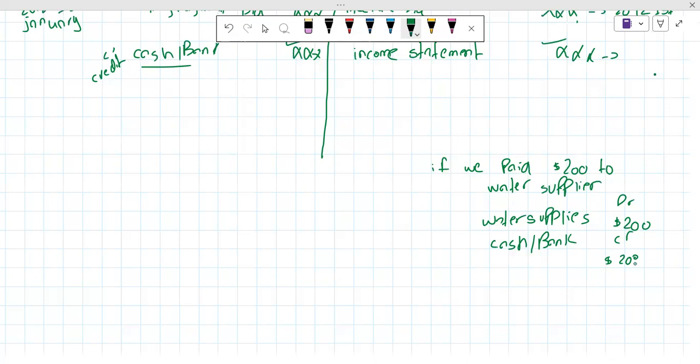Cash and bank would be credit, and in PAP account, expense would be debit.